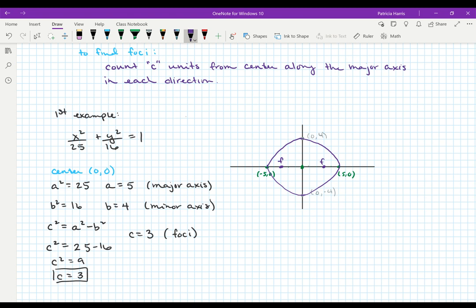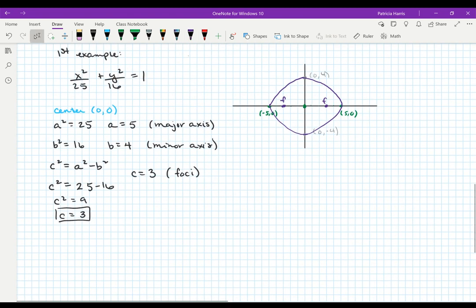Okay, so there is a little something extra that Edgenuity does bring up. It's called the directrix of an ellipse. This would be a little bit extra.